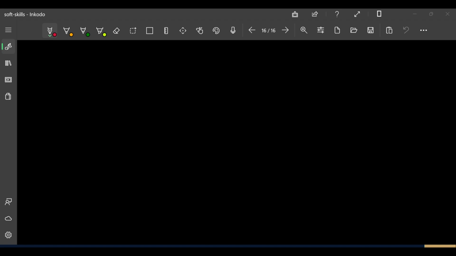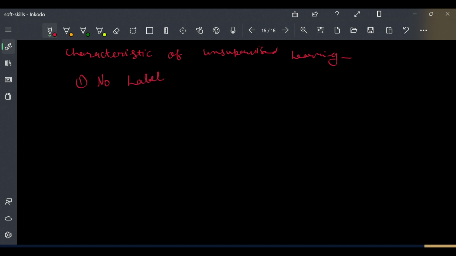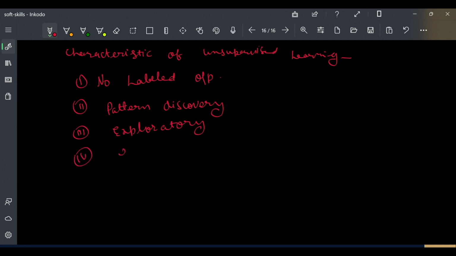Now the characteristics of unsupervised learning. Let me write it down. The first one is no labeled output, the second one is pattern discovery, the third one is exploratory, and the fourth one is less supervision.